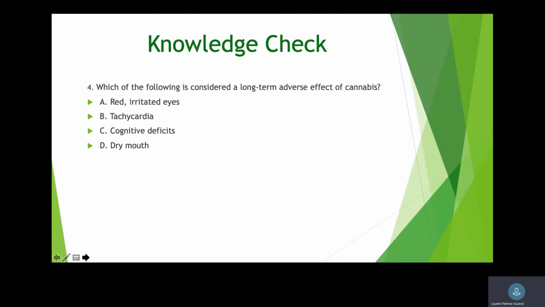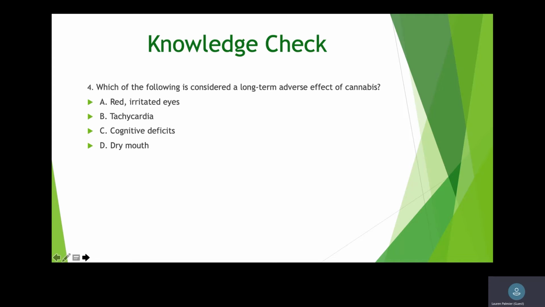Okay, next question. Which of the following is considered a long-term adverse effect of cannabis? So, long-term adverse effect. A, red irritated eyes, B, tachycardia, C, cognitive deficits, or D, dry mouth. So if you answered C, cognitive deficits, you would be correct. A long-term adverse effect is an adverse effect that is not quickly resolved on its own or quickly resolved with treatment.